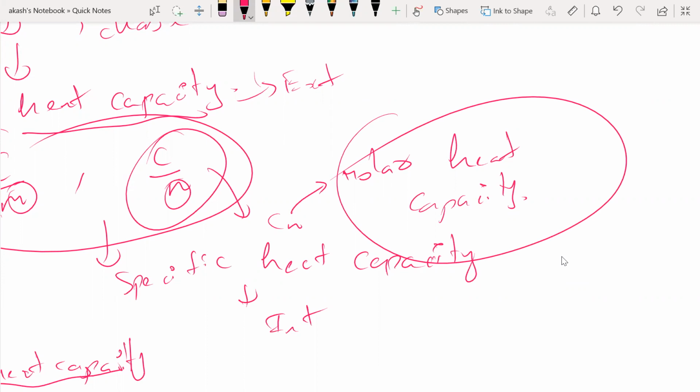It is the heat required to raise the temperature of 1 mole of a substance. Now 1 gram becomes 1 mole, right? To raise the temperature of 1 mole of a substance by 1 degree Celsius or 1 Kelvin.